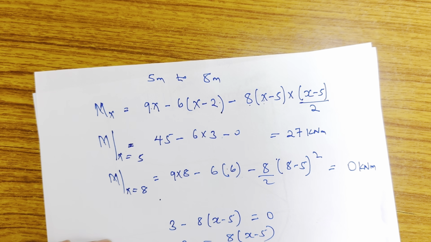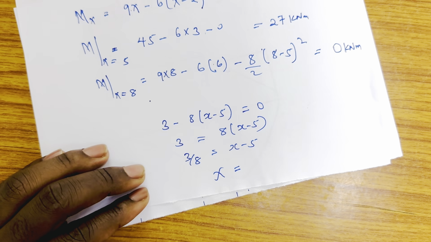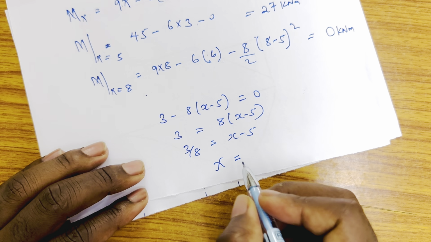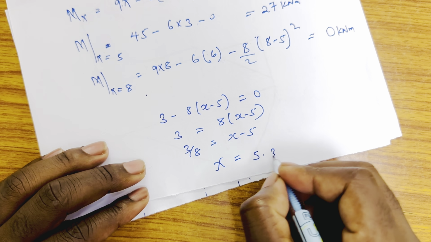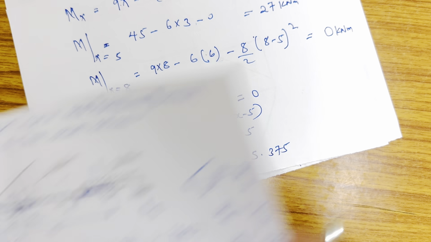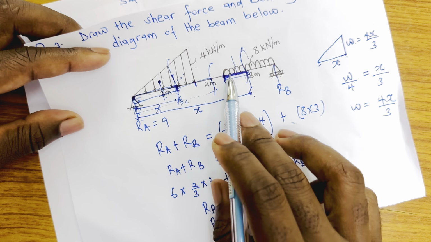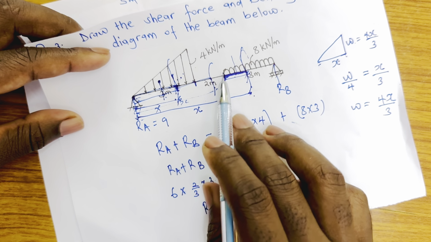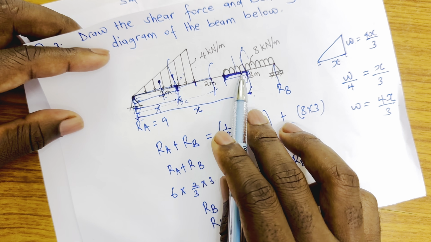So 3 by 8 equals x minus 5. So the value of x here is coming to 5.375, measured from A. So that means from here, when we're drawing the shear force, where it will cut this line at 0, it's what?